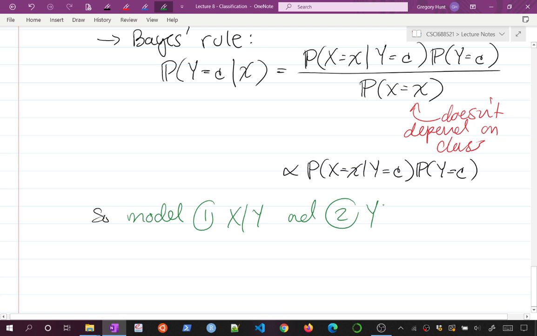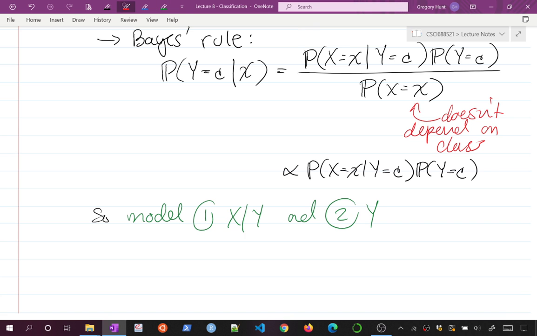So I want to generate synthetic data. First I generate some classes for my data points, and then for each of my different classes, I generate some x's. And the x's will look slightly different for my different classes, hence we can distinguish between the classes given the x's. And so that's basically modeling x given y.